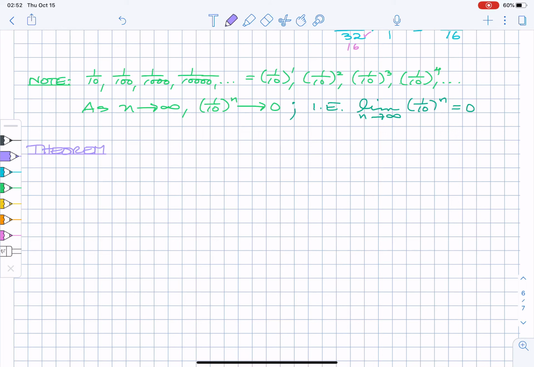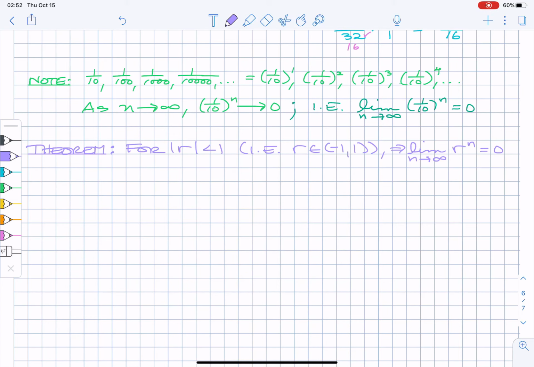Okay, so theorem. For the absolute value of r being strictly less than 1, that is r between -1 and 1, non-inclusive, this implies that the limit as n becomes infinite of r to the n is 0. So as n gets larger and larger, r to the n gets smaller and smaller.